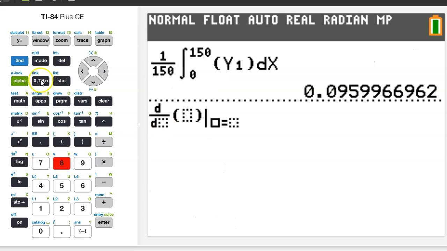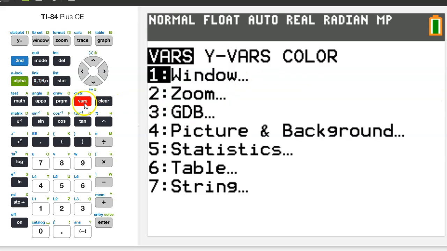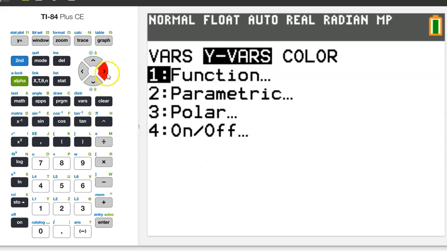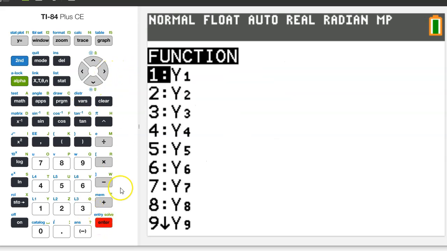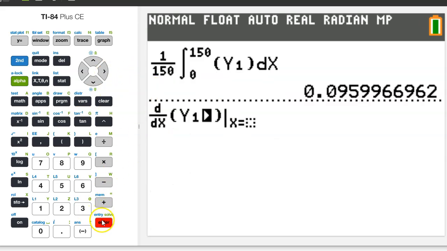Go ahead and type an x in right here so we have d dx, the derivative of whatever function we put in here. We don't have to type in that whole function g of t, we can just put in y1. Again, we will do vars, switch over to yvars, hit enter for function, and pick y1.